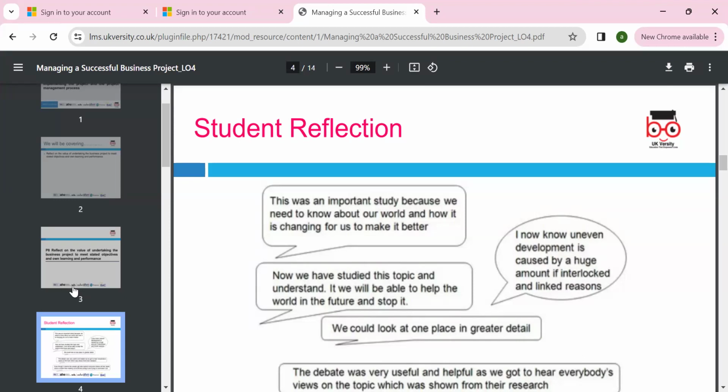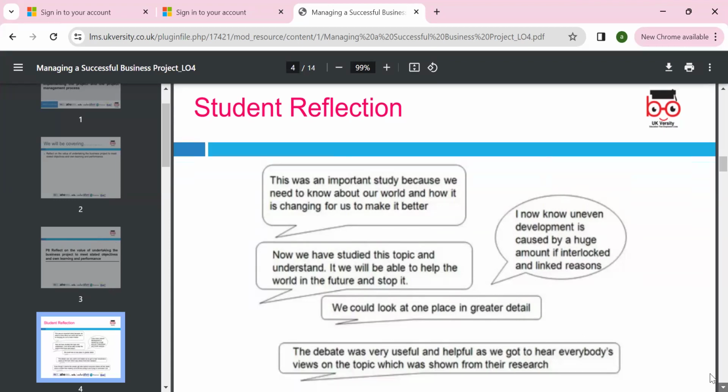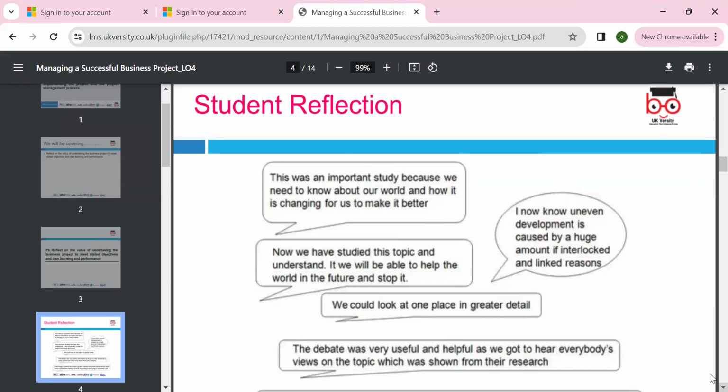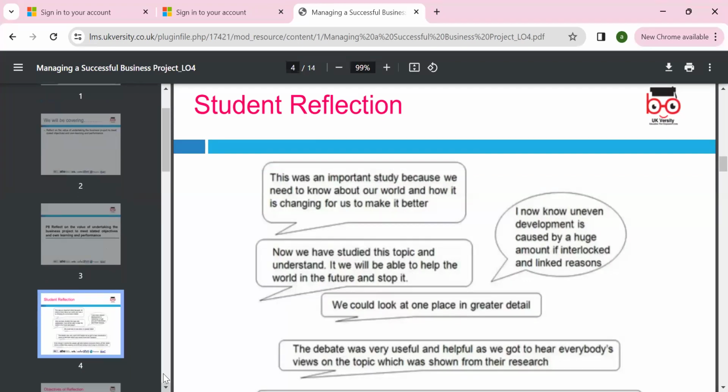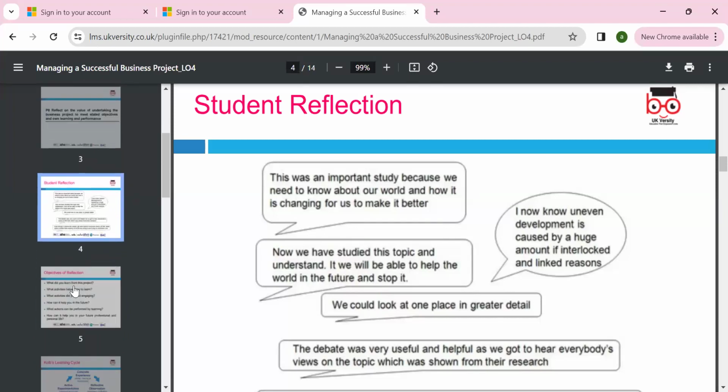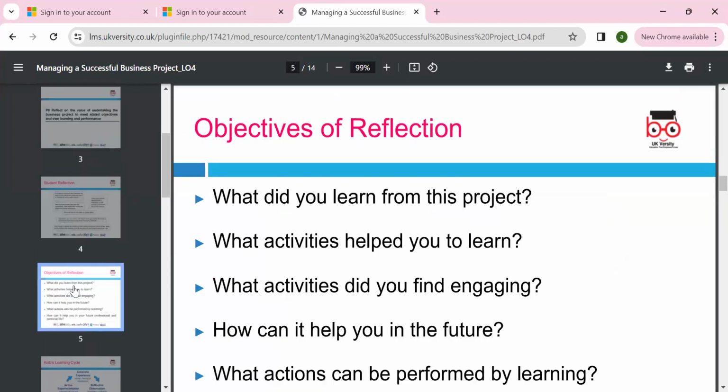We could look at one place in greater detail and look around the project. The debate was very useful and helpful, and we got to hear everyone's views about the topic and their research. Any project, whether a research project, manufacturing or any other you want to take, has an objective. What did you learn from the project?